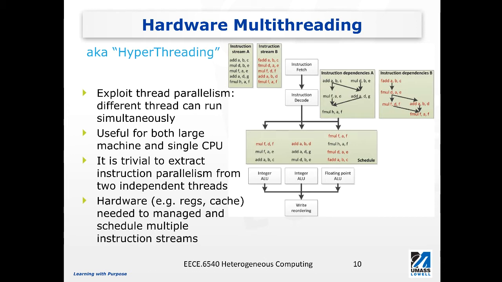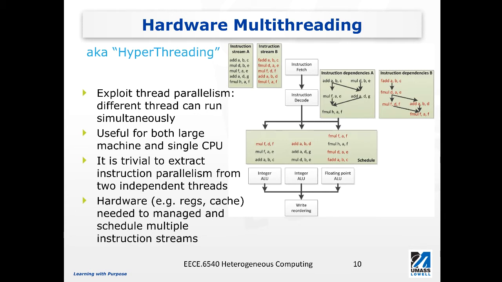As we can see here, there are dependencies between these addition instructions and multiplying instructions in stream A. Also, there are dependencies on those floating point addition and multiplying instructions in instruction stream B. And because these two streams are independent, the instructions that belong to these two streams are independent, which means that we can possibly execute multiple instructions from two different streams if there's resource available.